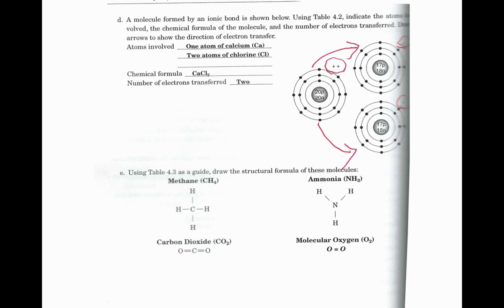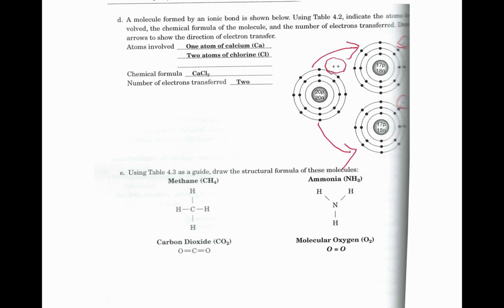So an ionic bond only forms when it gives up the electrons. A covalent bond, on the other hand, doesn't give up electrons, it shares electrons.